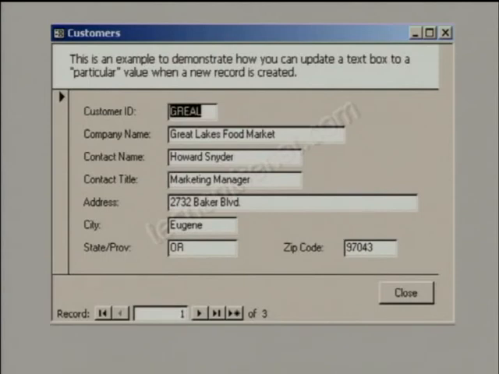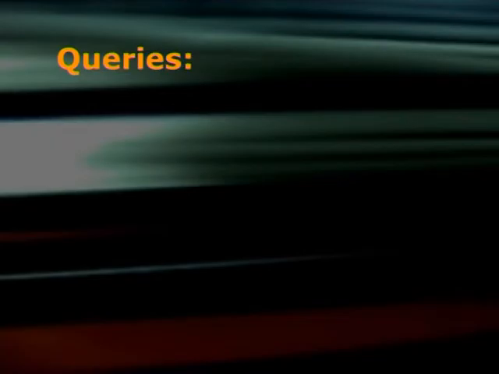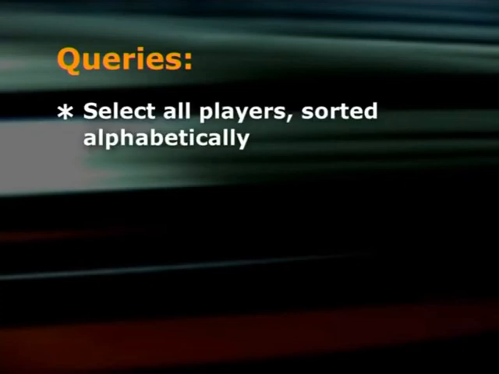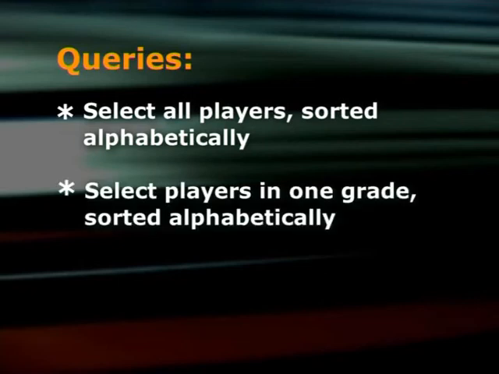Here is an example of a new record being created for a user. If you make use of queries in your PAT, list them as events too. Queries. Select all players sorted alphabetically. Select players in one grade sorted alphabetically.